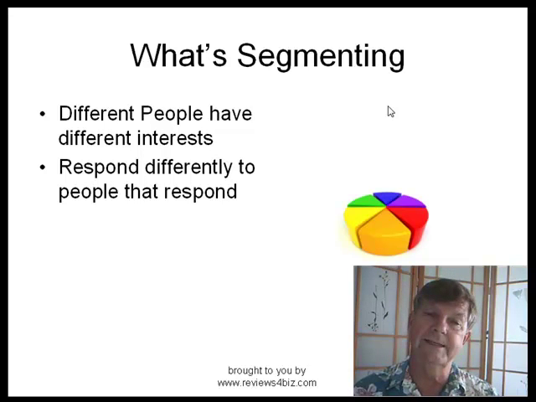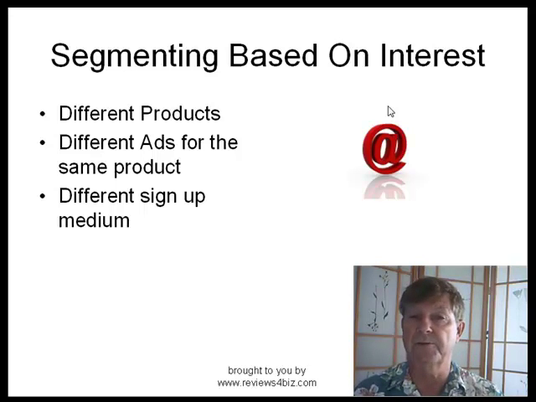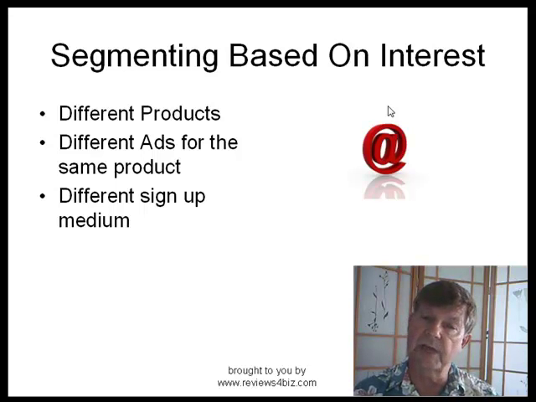So it's important that you segment your list, and a lot of the list programs, list services, email automation services, have ways of segmenting your list. So segmenting is based on interest. You have different products, green widgets versus blue widgets versus red widgets, different ads for the same product.